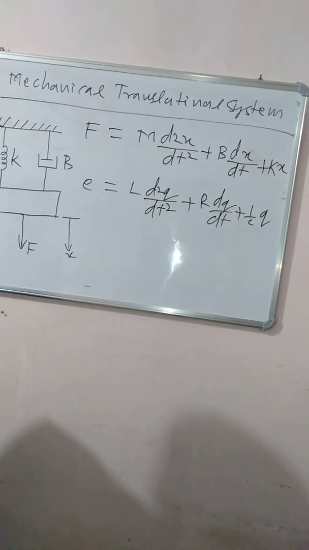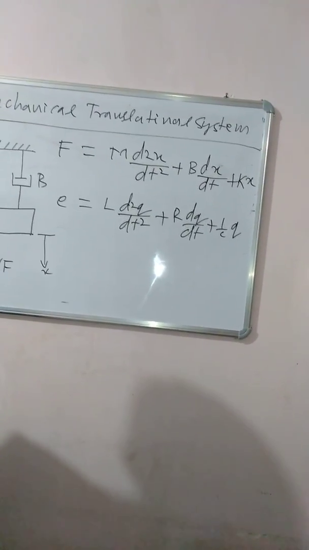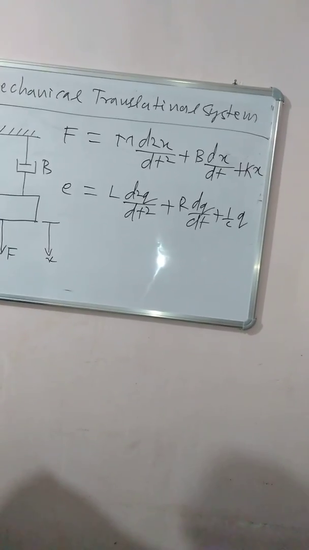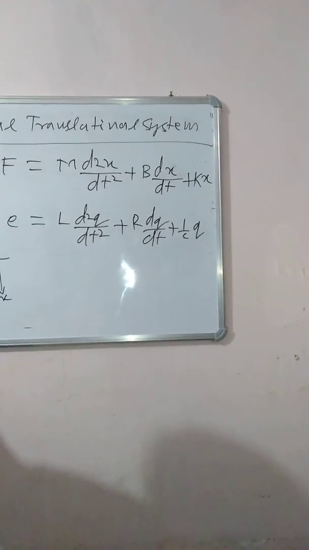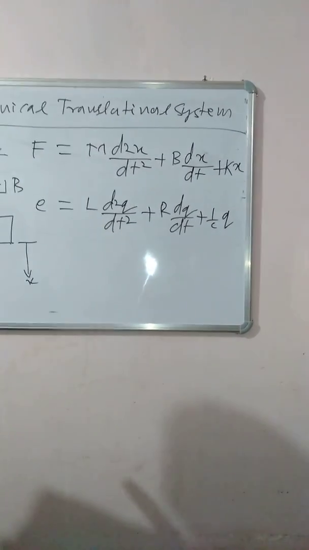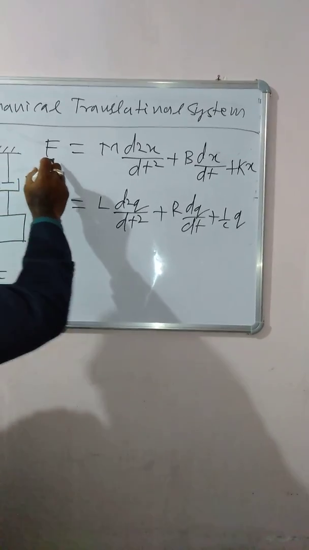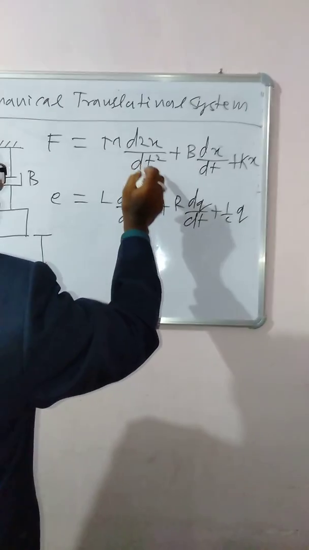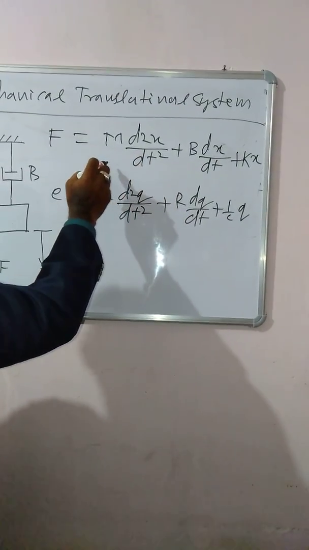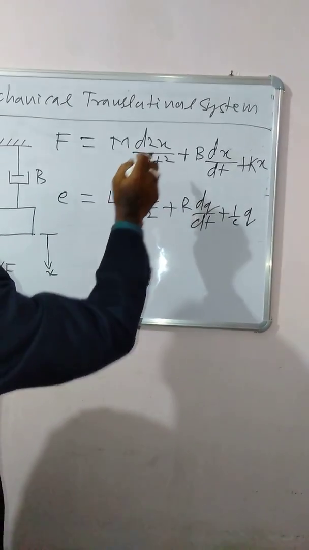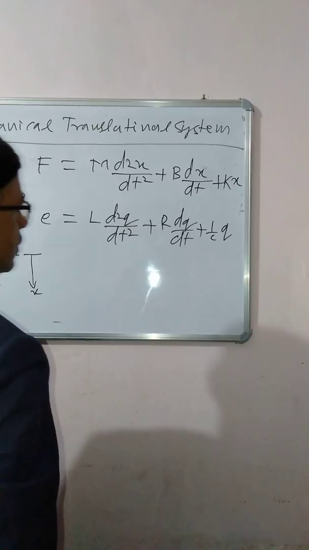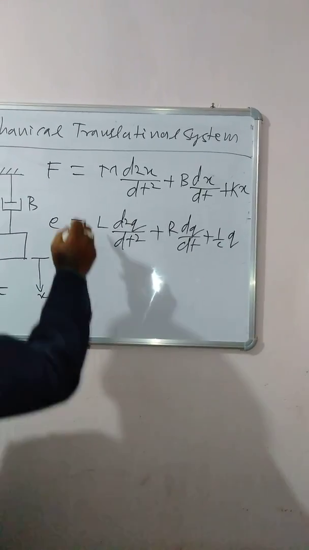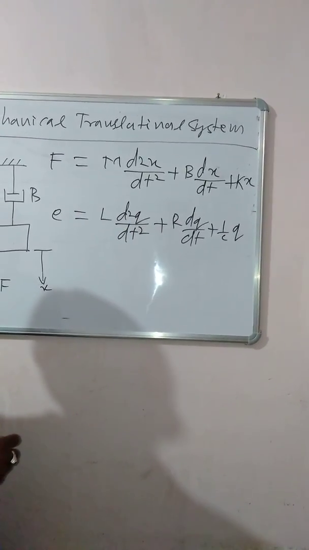If the differential equations of two systems are in identical form, then those two systems are analogous to each other. This is a second order differential equation in descending order, and this is also a second order differential equation in descending order.